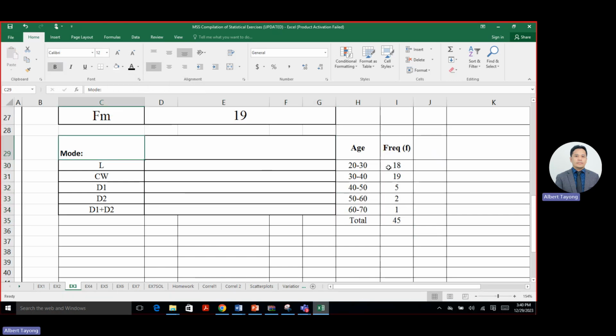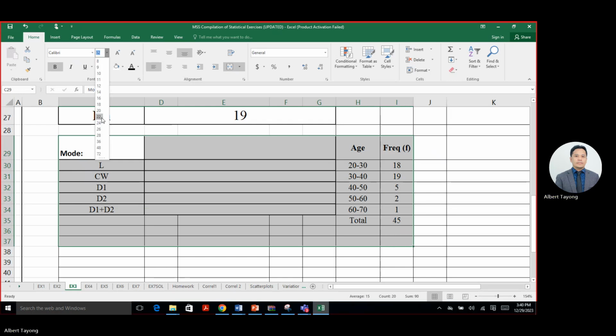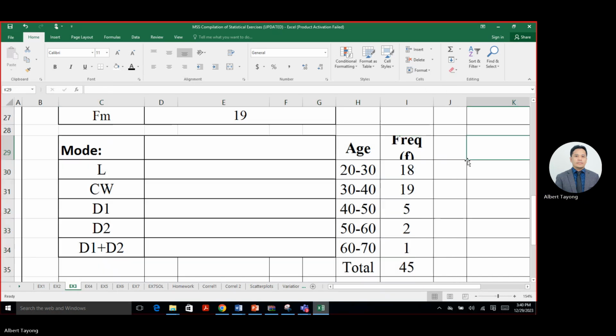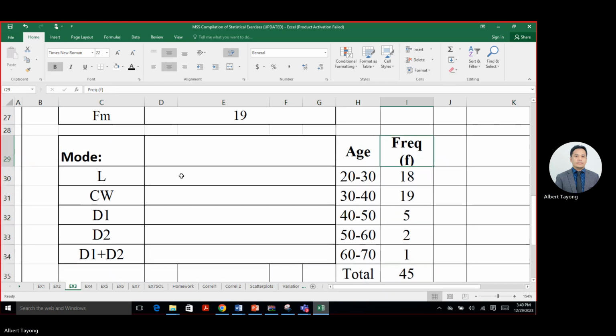Now in frequency, we have to look at the highest, because mode is the highest frequency. As you can see, the highest is 19. So we have to highlight this. This is our modal class.